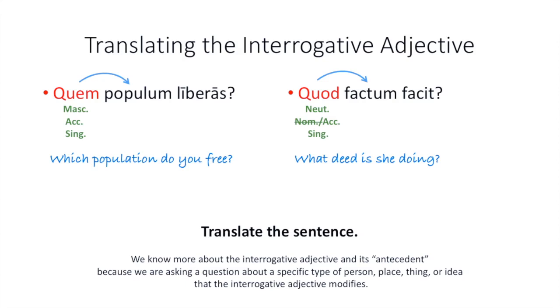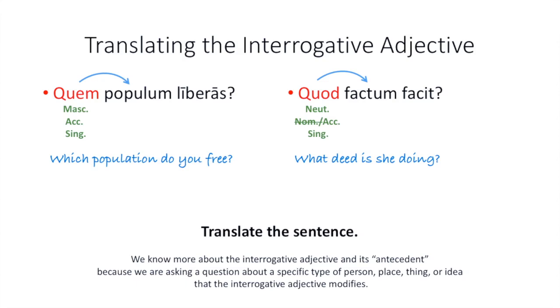It's narrowed down because what deed does or what deed makes doesn't really make sense. So what deed is she doing makes much more sense. You'll see that the logic of this sentence eliminates the option for nominative here. So it has to be neuter accusative singular.